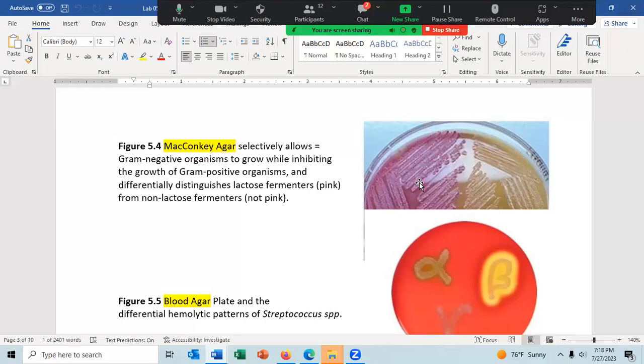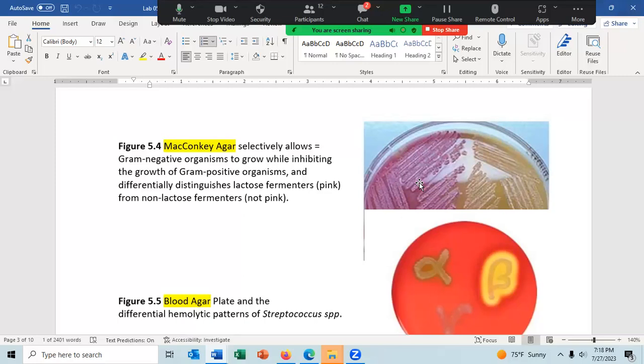And so if the organism can grow on MacConkey's, it's most likely a gram negative. There are always a few exceptions, like there are just a few gram positives that can grow on MacConkey's. Not very many, but there are a few. And then there are some gram negatives that cannot grow on MacConkey's. But most gram negatives can grow on MacConkey's, and it's selective so that only gram negatives can grow.